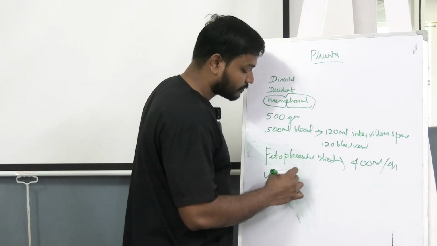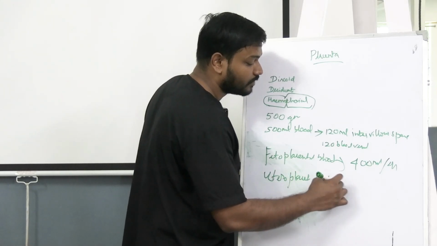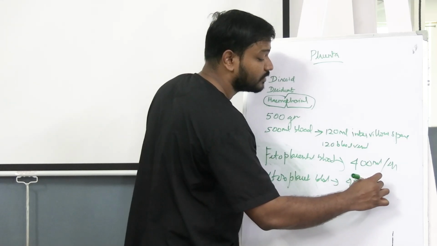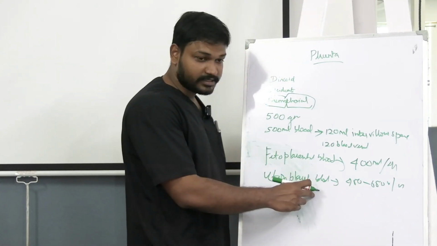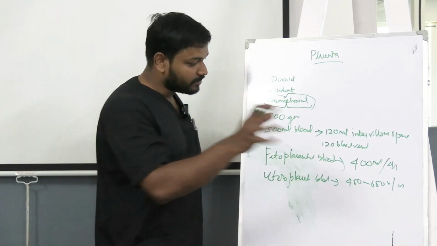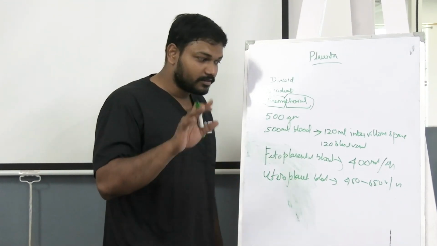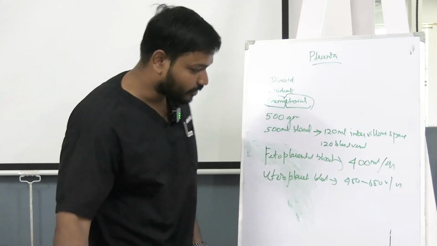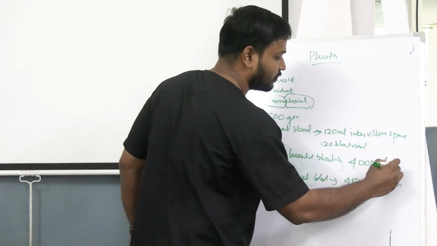Uteroplacental blood flow is 450 to 650 ml per minute. From the uterus to the placenta, per minute there is 450 to 650 ml of blood, and from the placenta to the fetus there is 400 ml per minute.